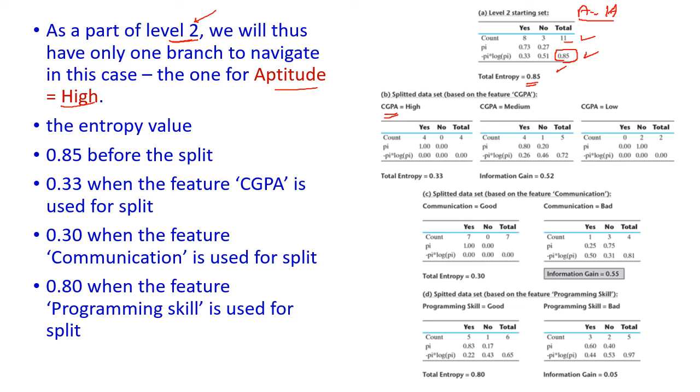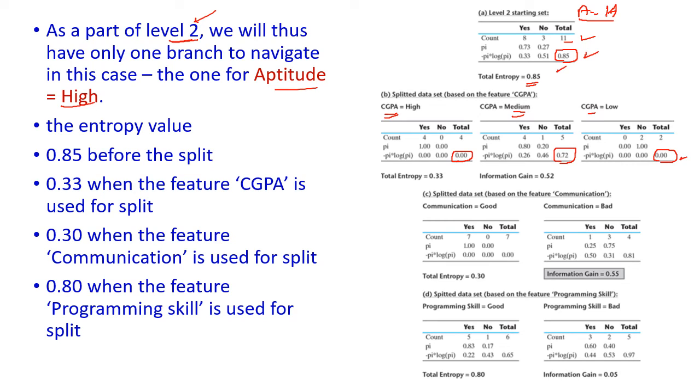CGPA high with respect to aptitude equal to high, the value is 0. And CGPA equal to medium, the entropy is 0.72. And CGPA equal to low, and entropy is, the value is 0.